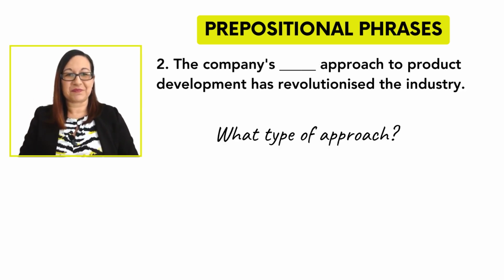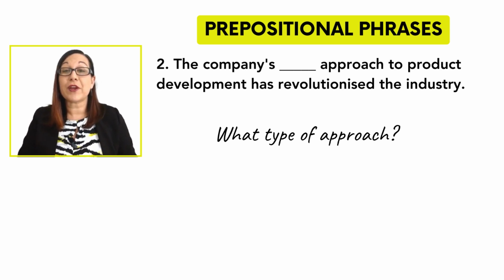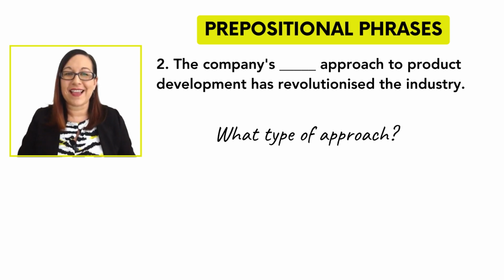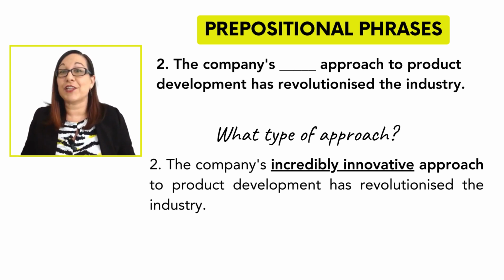In the second one, the company's approach. All right, so we are describing this approach. I'm going to need an adjective, and let's put an adjective phrase. The company's incredibly innovative approach to product development has revolutionized the industry.